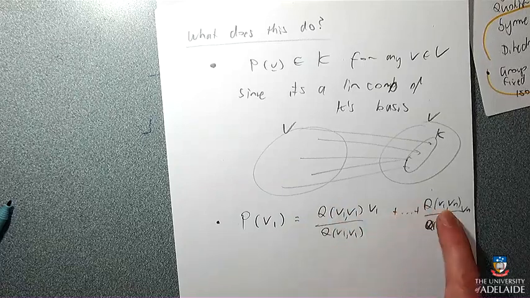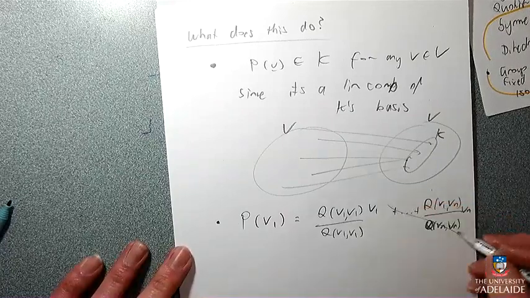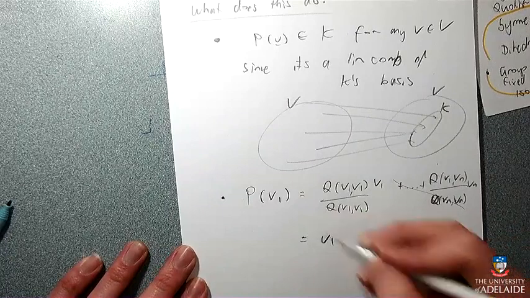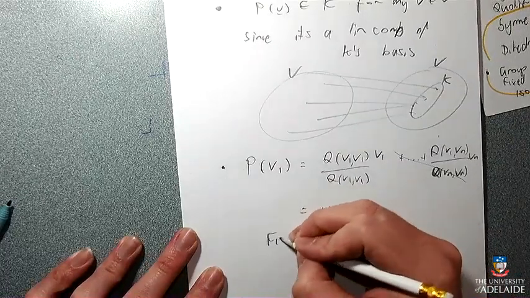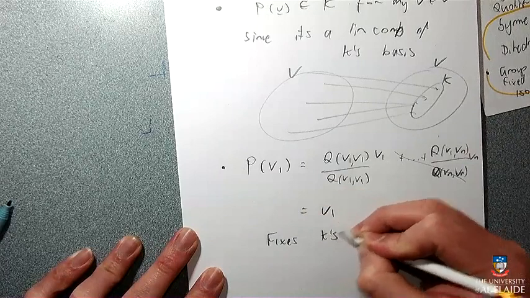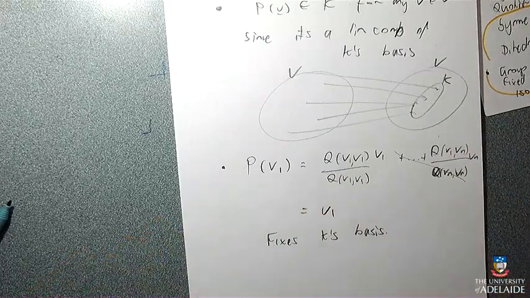And all the other Q of V_i, V1 terms, where V_i is something other than V1, are always 0 because we've set up the V's that way. And so all of this is 0 and we just get V1. That's cool. It fixes the whole basis of K. Okay. So since it fixes K's basis, it would have to fix K because it's a linear transformation.